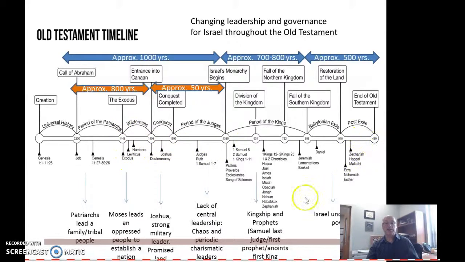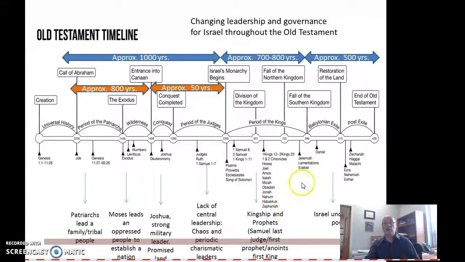This is a basic timeline, but it shows you how the movement of leadership goes from a patriarchal leader through these individual strong leaders that God calls, then a lack of central leadership in chaotic periods where charismatic leaders come and help, and then eventually the kingship and the prophets. So that question of what kind of city would you have and how would you govern it is very much a concern of Israel.